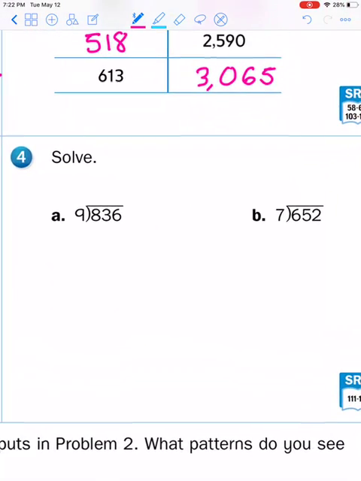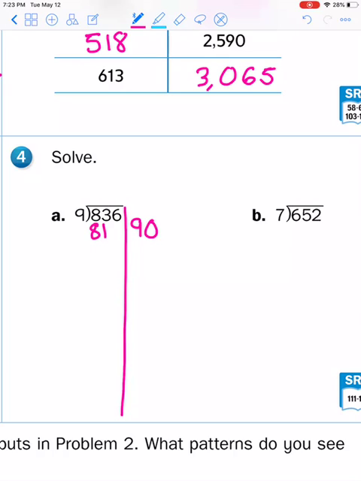Okay, more division. So I'm going to do one with partial product and one with traditional long division. So I'm going to do my line for partial product. I know that 9 times 100 is close to 836, but it's too big. So let's do 9 times 90, because I can do that in my head, because I know 9 times 9 is 81.